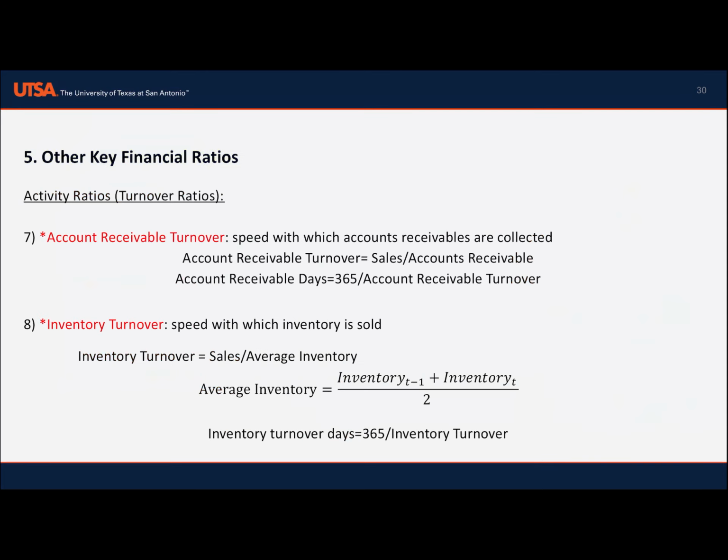Activity ratios are, in other words, turnover ratios. Account receivable turnover shows the speed with which account receivables are collected.